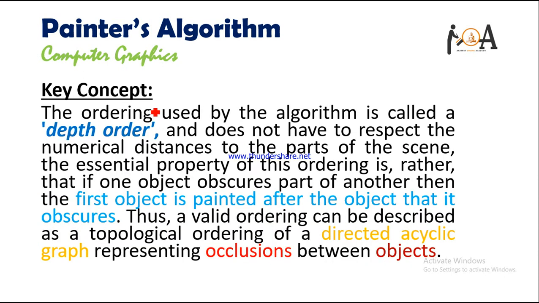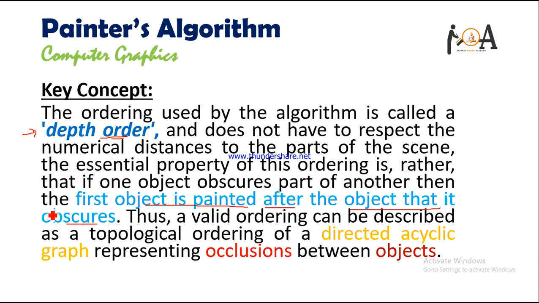Now what are the key concepts? The key concept of the Painter's algorithm is that the ordering used by the algorithm is called depth order. It does not have to respect the numerical distance to the parts of the scene. The essential property of this ordering is rather that if one object obscures part of another, then the first object is painted after the object that is obscured.